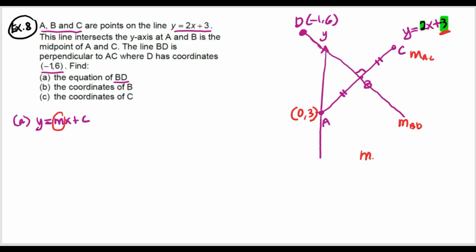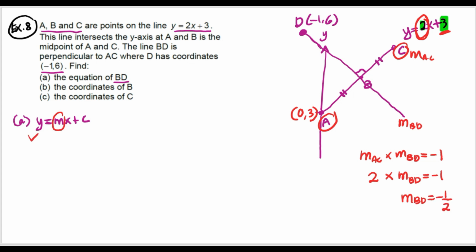We know that m of AC multiplied with m of BD is equal to negative 1. We already have the gradient of AC, which is 2, multiplied with the m of BD, the one that we are going to find, which is negative 1. So m of BD will be negative 1 over 2.